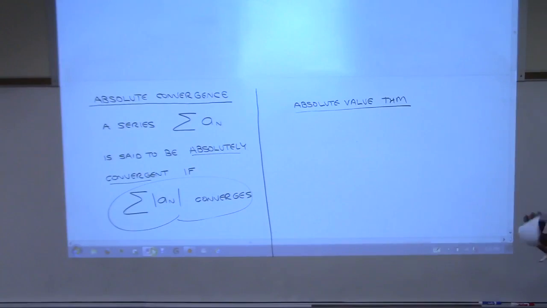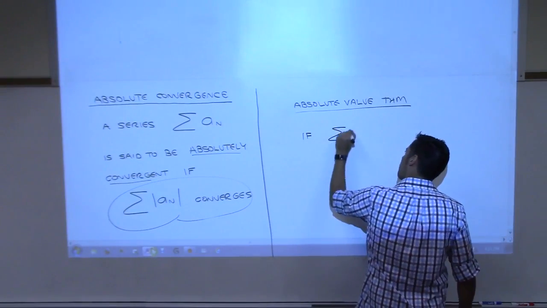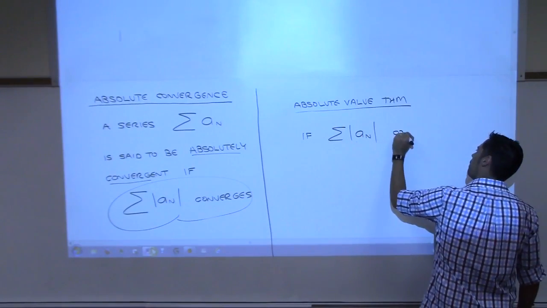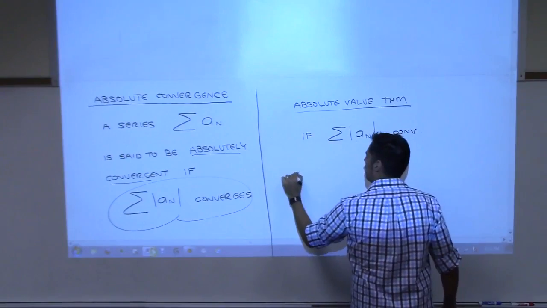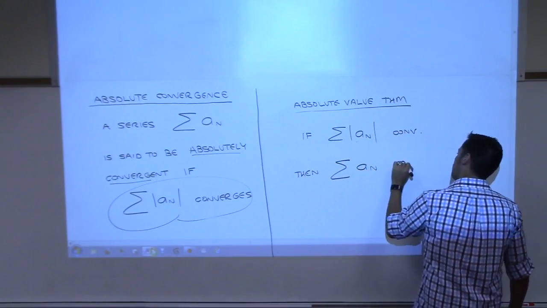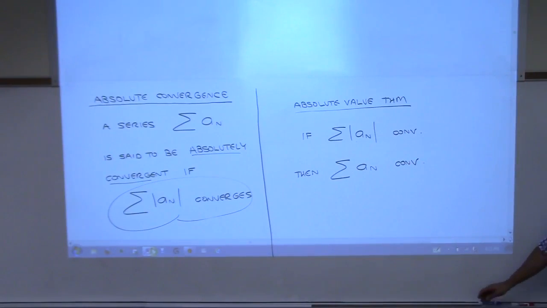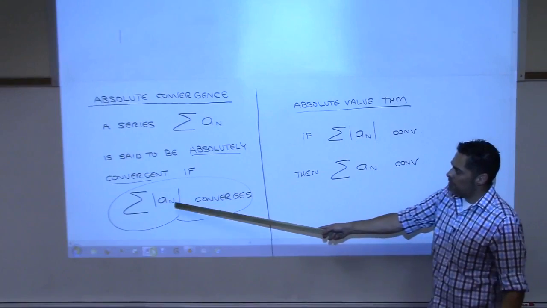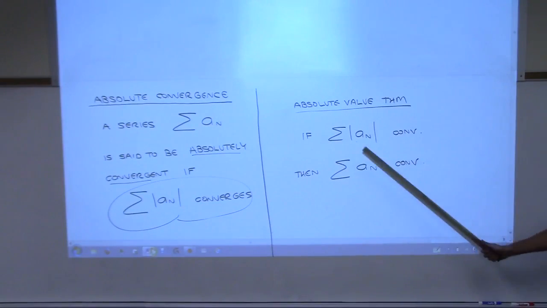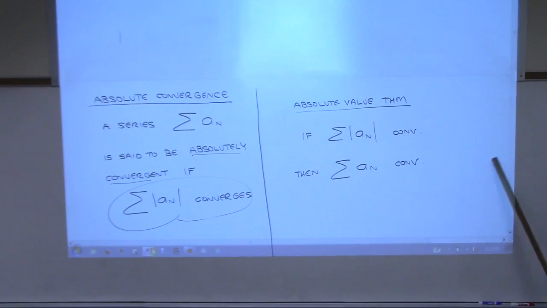Okay? It says, if the absolute value of a series converges, then the series by itself converges. It's a must. So if you take the absolute value of a series and it converges, then you can guarantee me that the series itself had to converge.